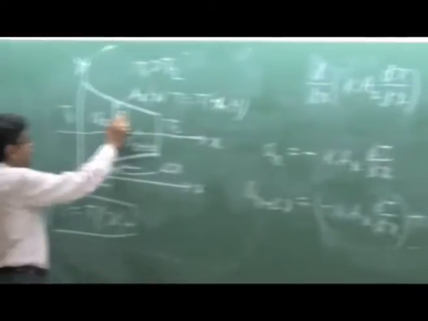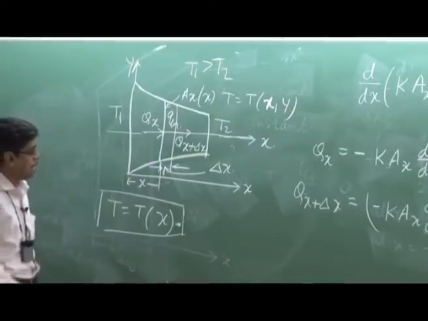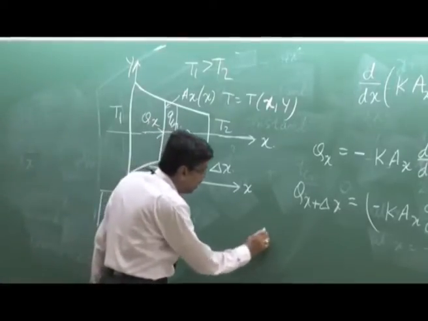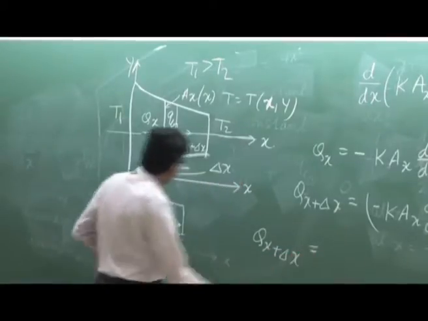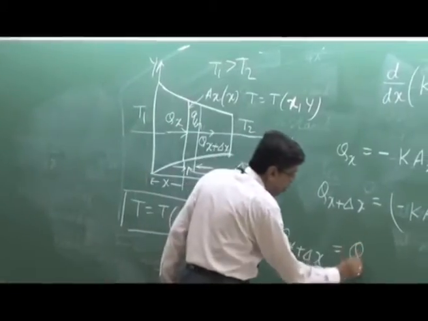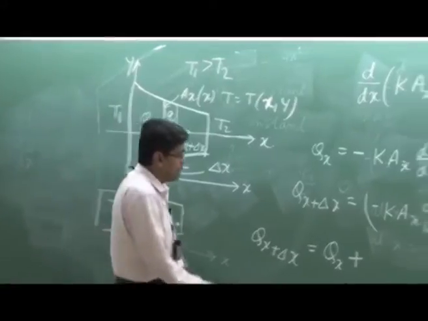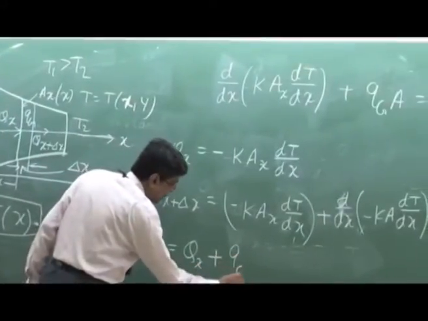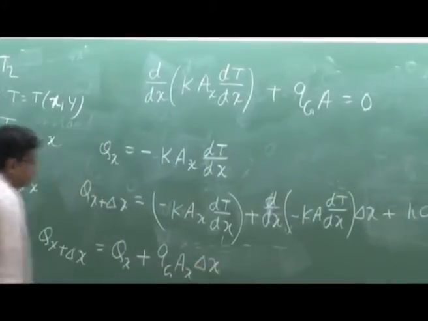So therefore, from the energy balance, if we consider at that section qg as the heat generation, then definitely I can write Q at x plus delta x, what is coming out from that small element, is nothing but Qx plus the amount of energy that is generated, that is qg into Ax into delta x.